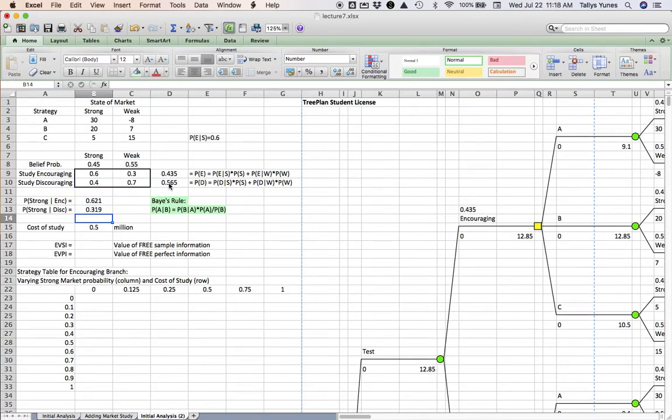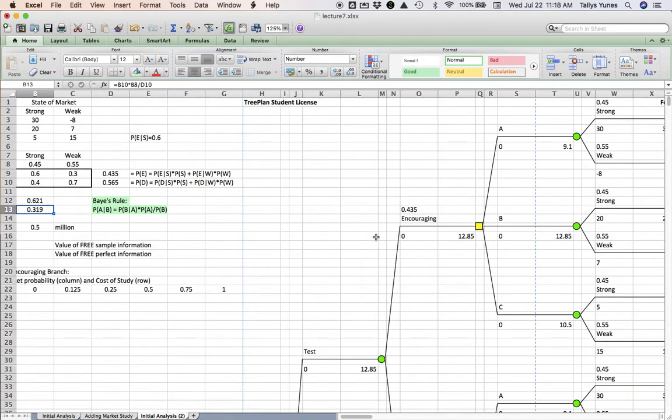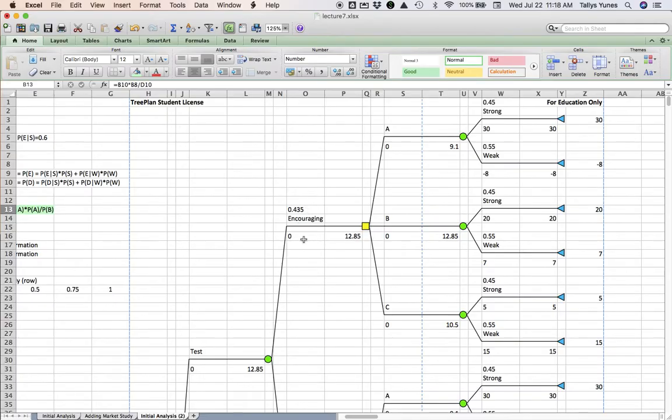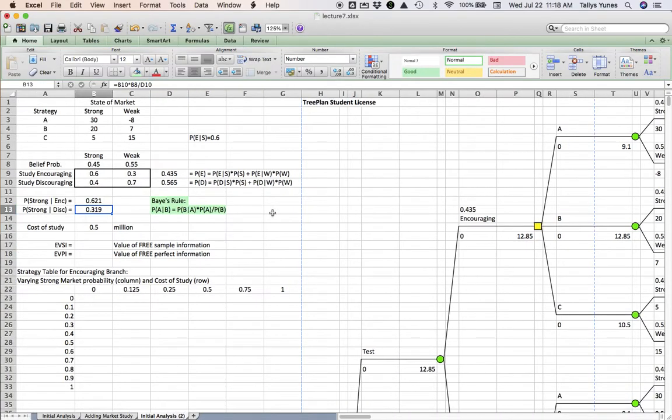Okay? Great. Now notice, if you recall, I mentioned that if the test says encouraging, I should believe strong with a higher probability, and that is exactly what happened, right? I went from 45% to 62.1%. Of course, the test is not perfect. It does make mistakes, and this calculation has taken that into account.